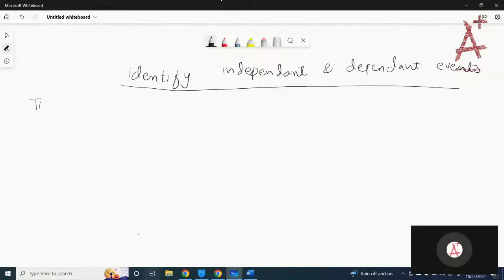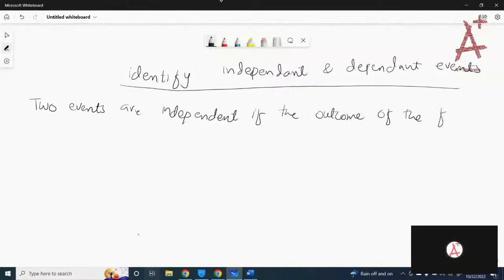Two events are independent if the outcome of the first event does not affect the outcome of the second event.